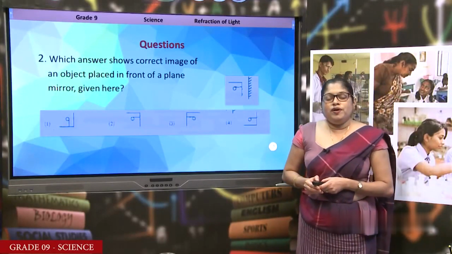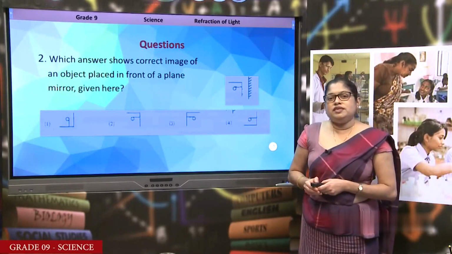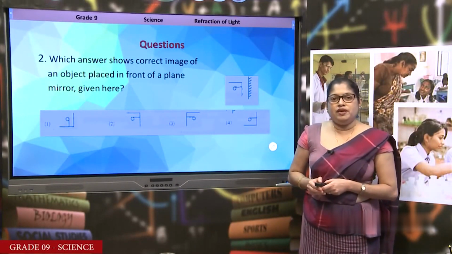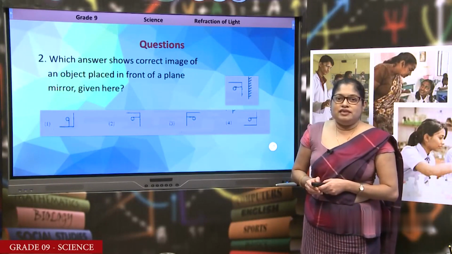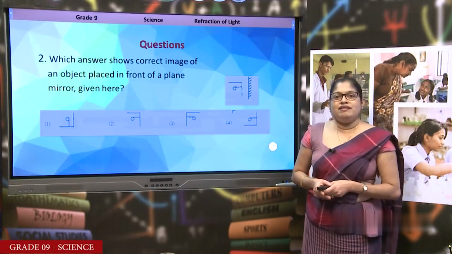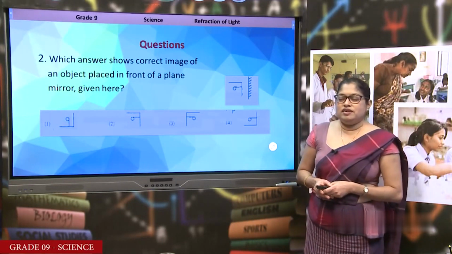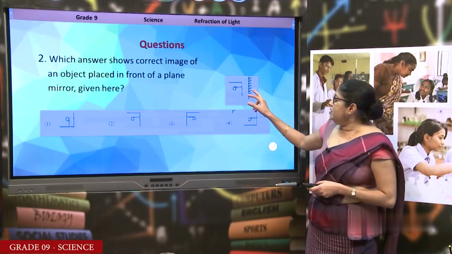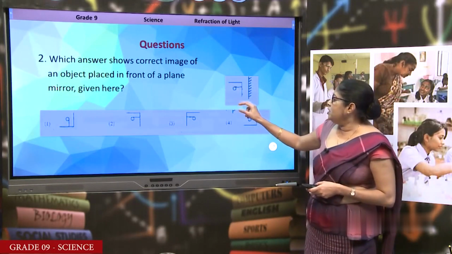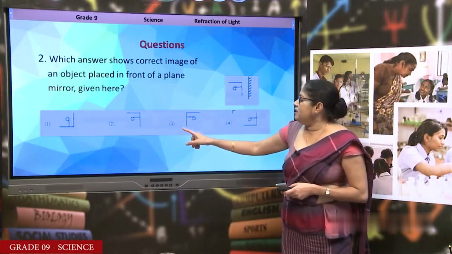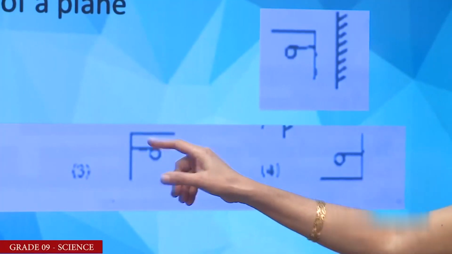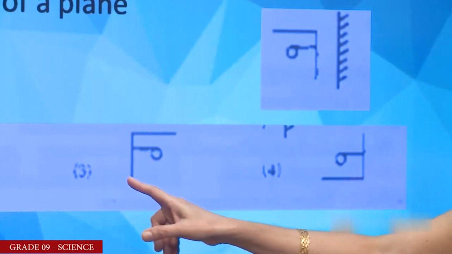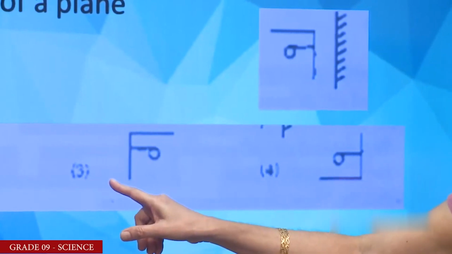You know that when an object is kept in front of a plane mirror, the image is laterally inverted, that is, left side and right side are changed. Here this is the object. So, this is the image where the left side and right side are changed. So, the answer is number 3.